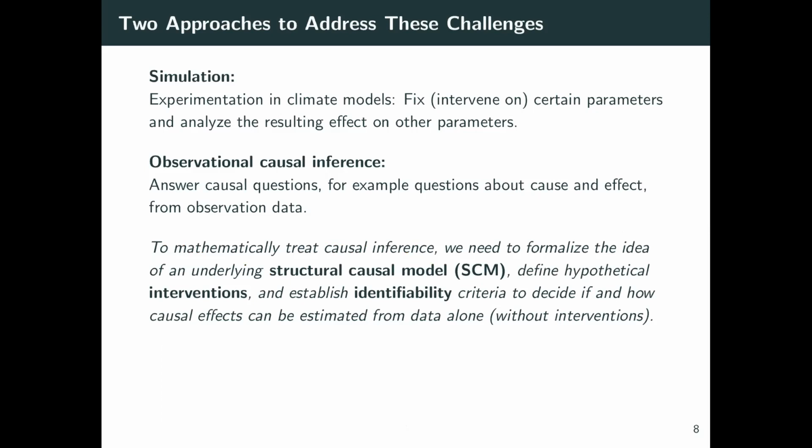So in the following, to introduce this topic, I will formalize the idea of an underlying structural causal model, which forms the basis of this framework, then define what hypothetical interventions are and establish identifiability criteria, which tell you whether and how causal effects can be estimated from data alone without intervening. So that's exactly the goal of causal inference: to use assumptions to estimate causal effects from data alone.